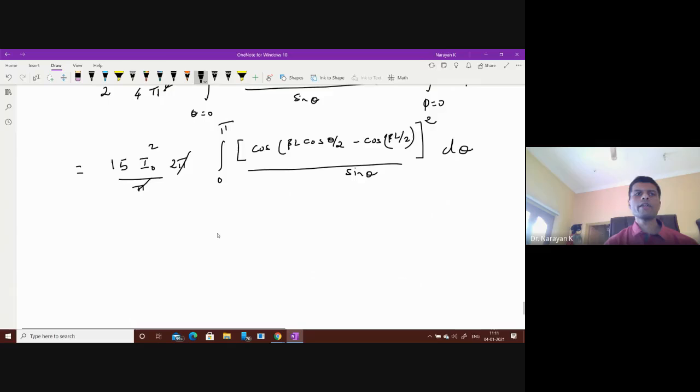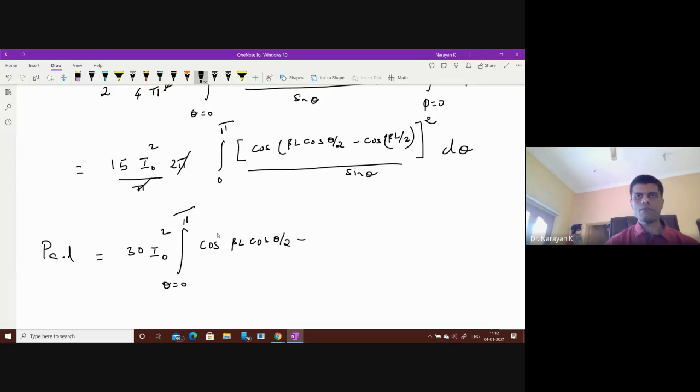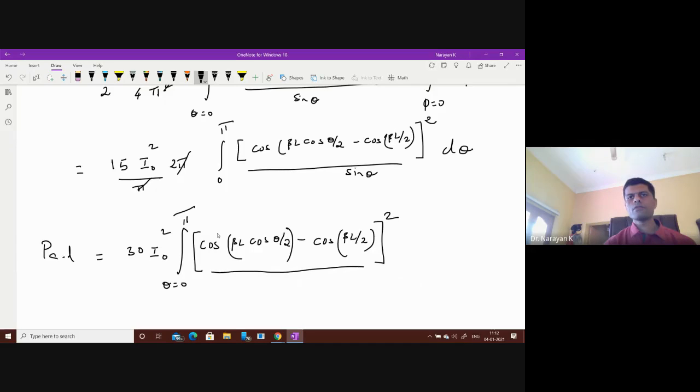So your entire power radiated will be equal to 30 I naught square, theta varying from 0 to pi, cos of beta L cos of theta by 2 minus cos of beta L by 2, whole square divided by sin theta d theta.